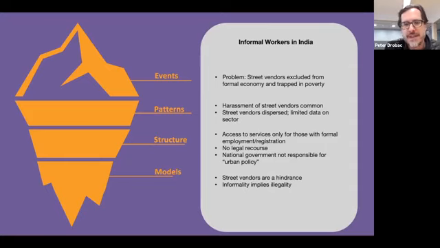And there was this notion that informality implies illegality, that there was something unseemly about this whole thing, reinforcing the marginalization of this particular community. So those are some examples of how stuff fits in the iceberg.